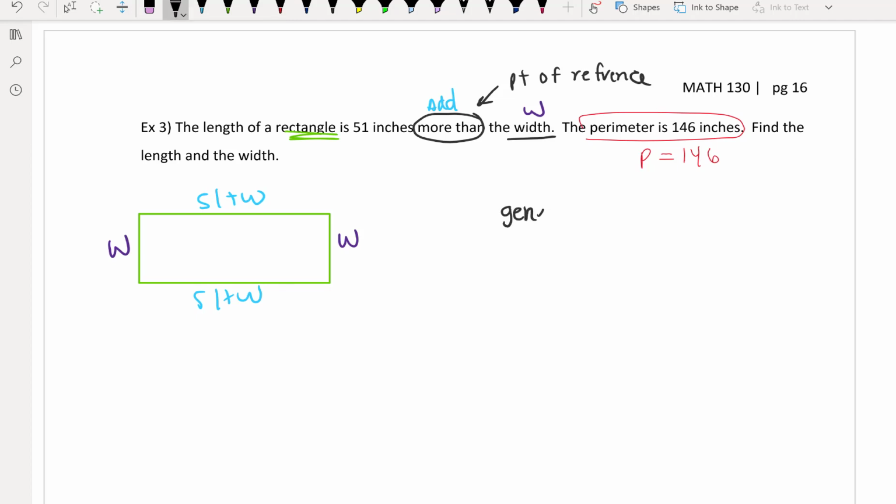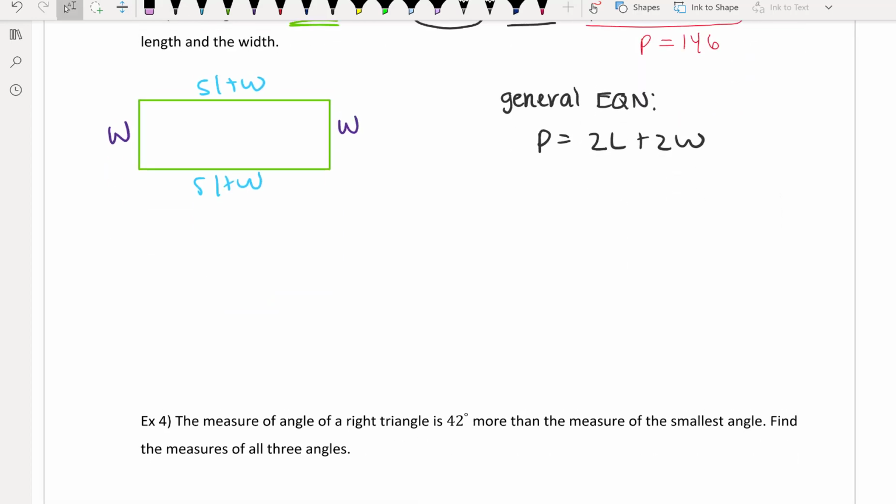So the general equation that we have is that my perimeter is equal to 2L plus 2W. So now I get to plug in my values.